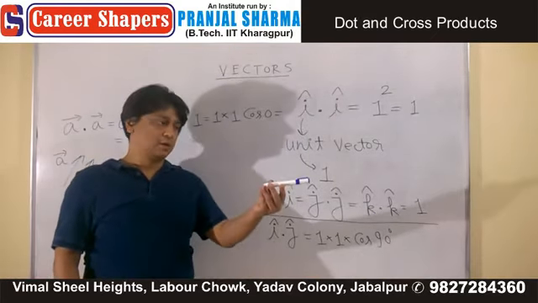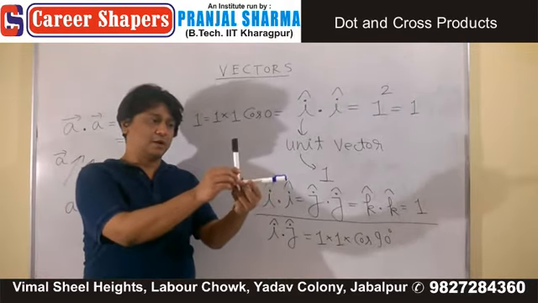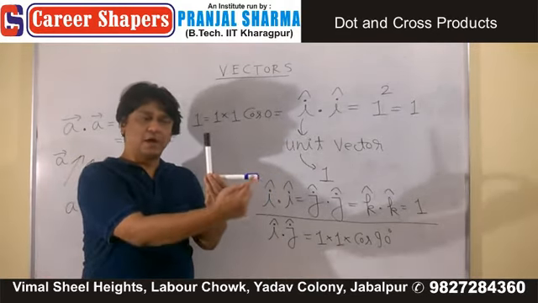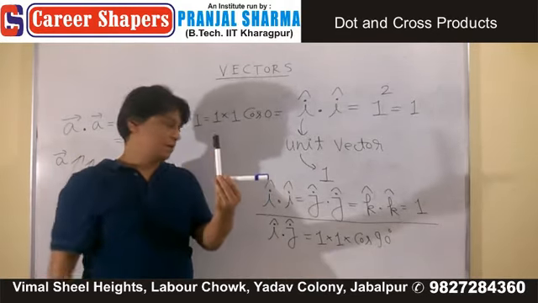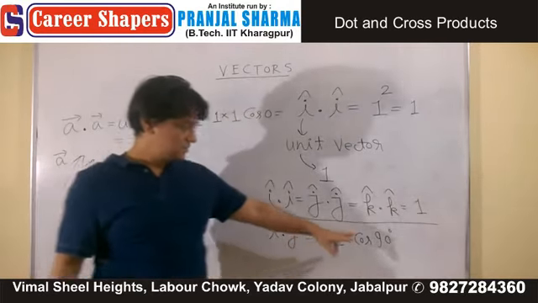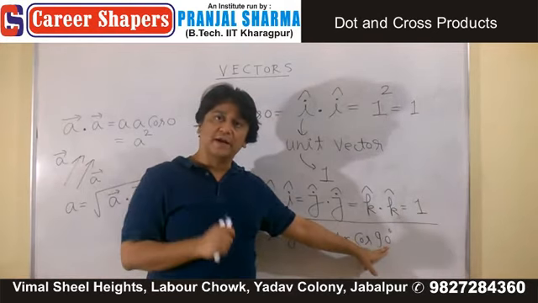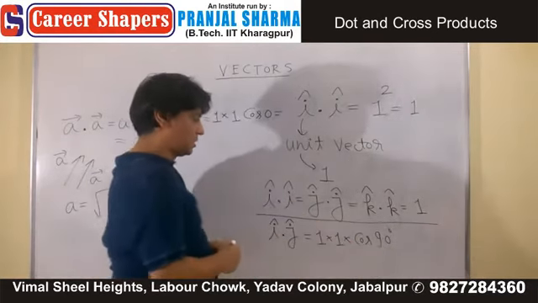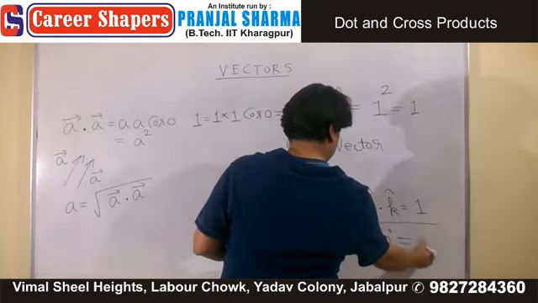This is i, this is j. So what is the angle between i and j? 90. So the angle between i and j is 90, like this. Then what is cos 90? 0.